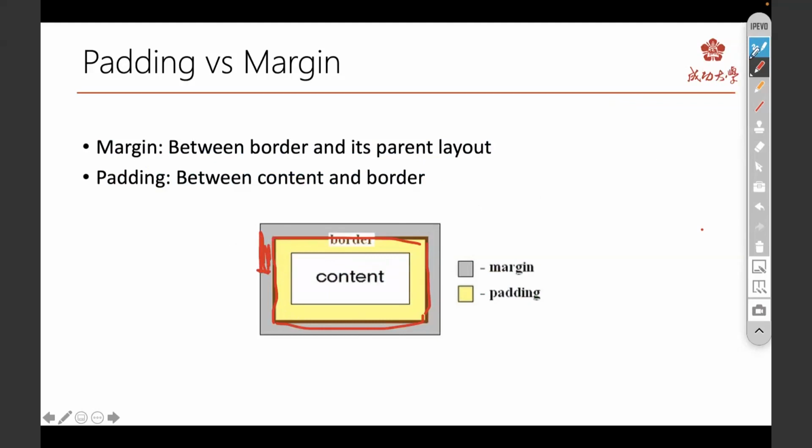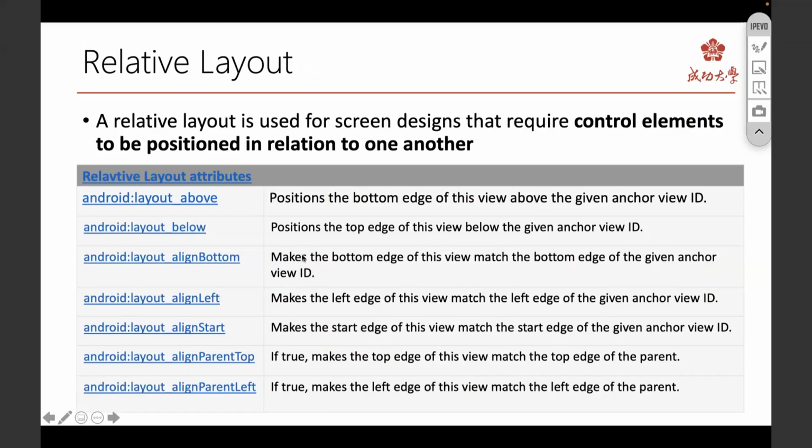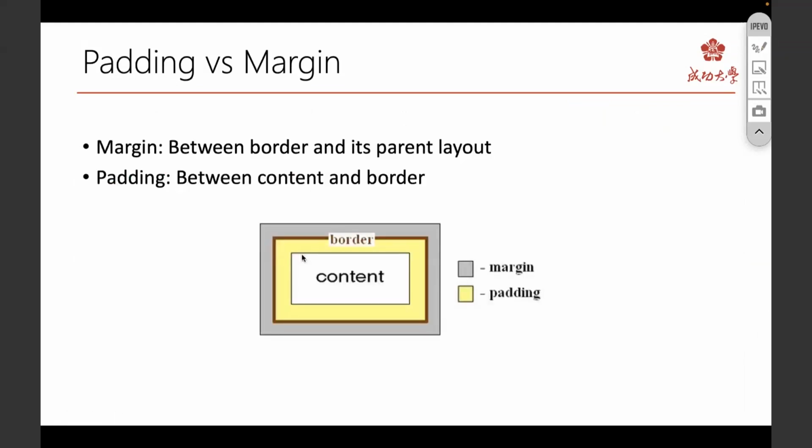And by definition, padding is the distance between the content and the border of your view. Because this is the border of the view, and suppose this is the content, sitting at the center over here, the margin is the yellow area on the slide. So that's the difference between margin and padding.